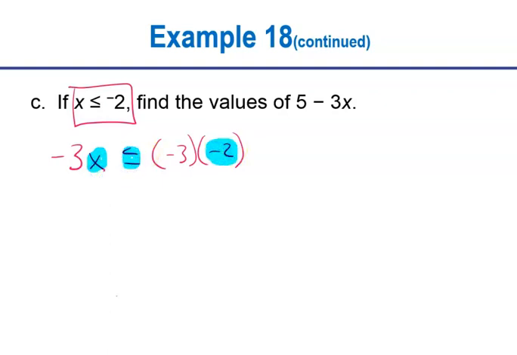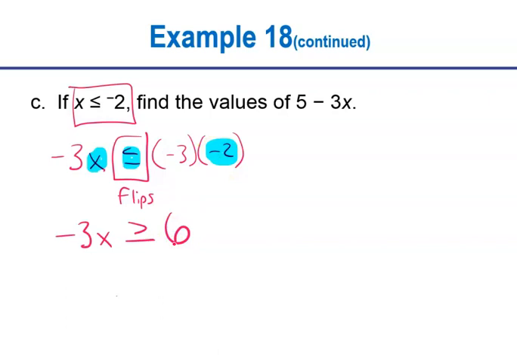But now when you multiply by a negative number, what happens is this inequality flips. This has got to switch around. So what I've got written here is not really true, because that has to change directions. So really this statement should say negative 3x is greater than or equal to, and then we know negative 3 times negative 2 is 6.